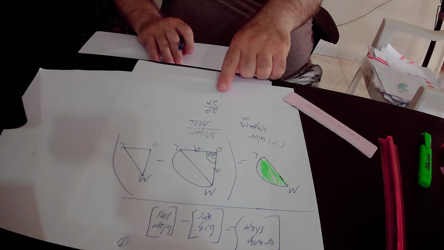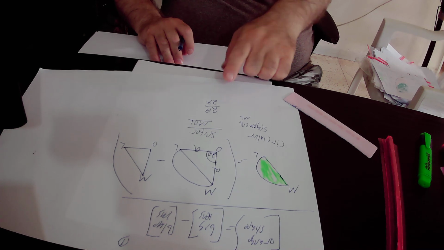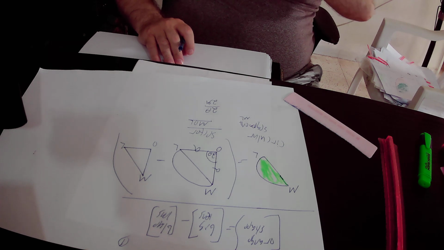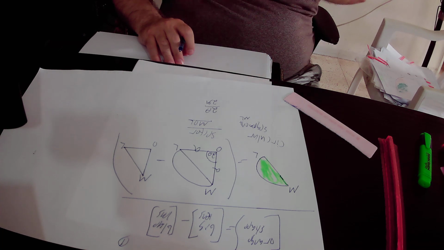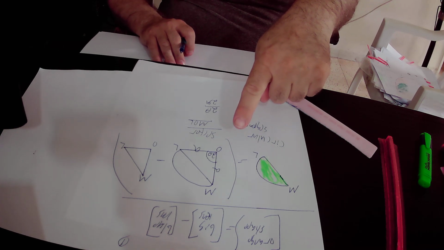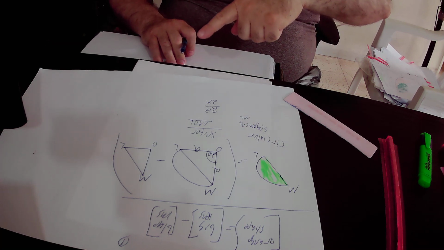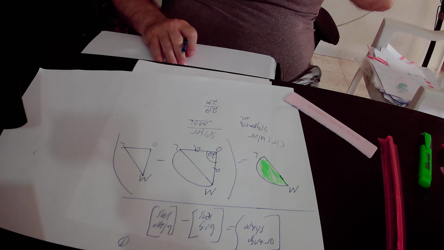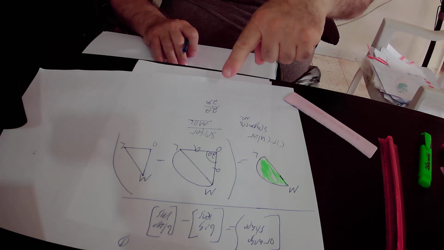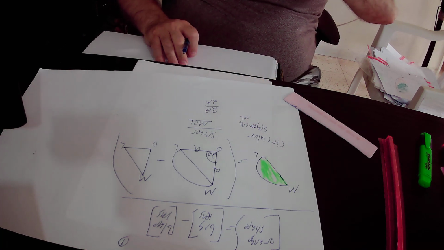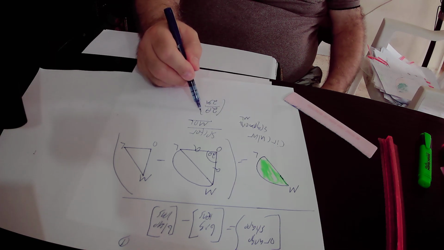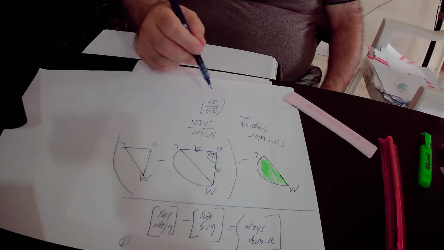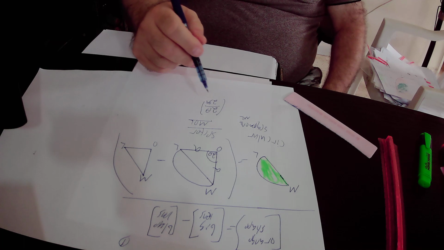So the ratio between these two angles gives us the relative percentage of the area that this sector occupies out of the entire area of the circle, and then when we multiply this relative percentage by the area of this circle, it will give us exactly the area of this sector.